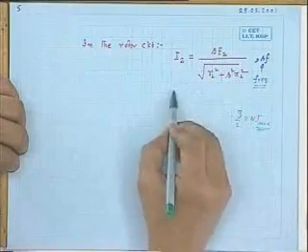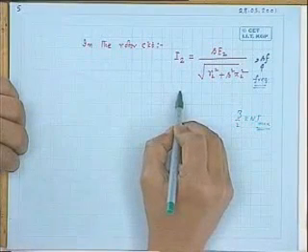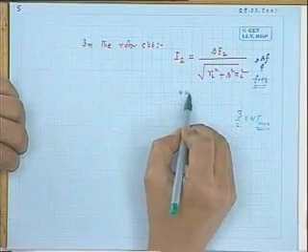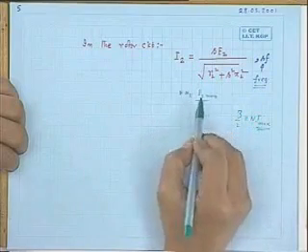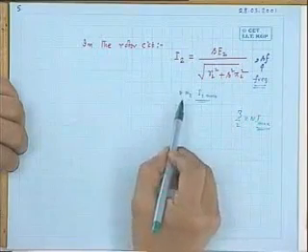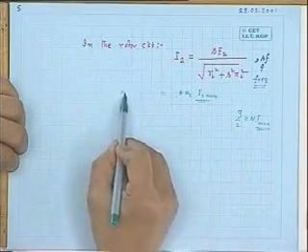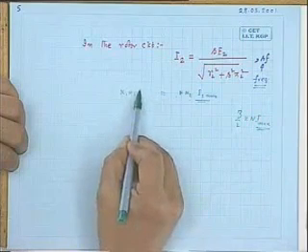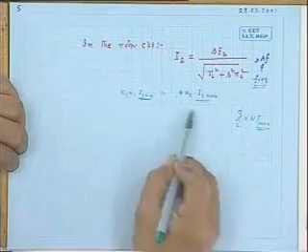Now, this I2 current will decide the field strength of the rotor. That is some K into rotor turns per phase into I2 max, etc. And this will be balanced by the stator, K1, N1 into I1 max.